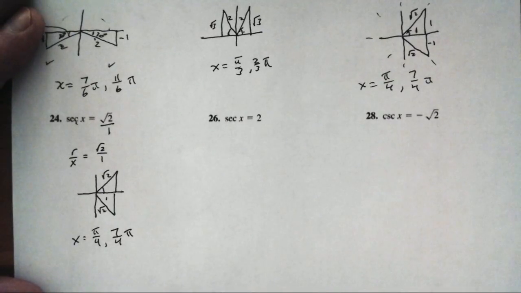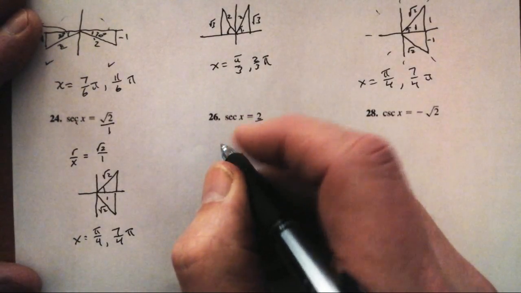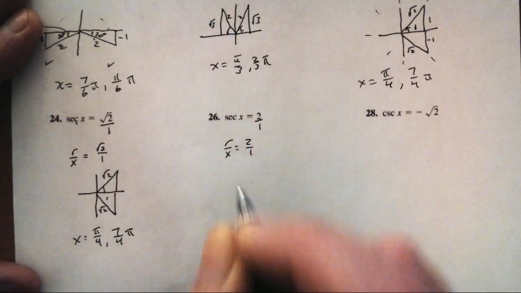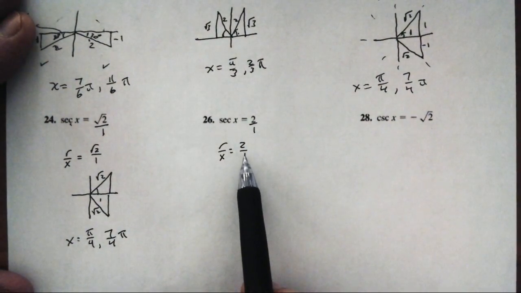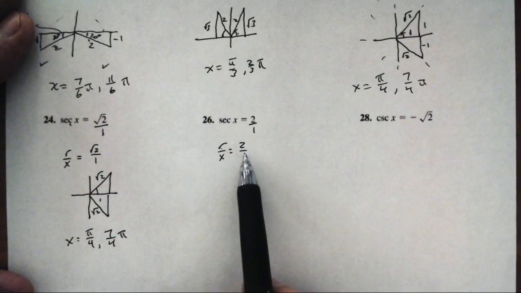Okay, when is secant plain old 2? Well, secant is plain old 2 when r to x is 2 to 1. That's a 1, square root of 3, 2 right triangle, r being the hypotenuse 2.